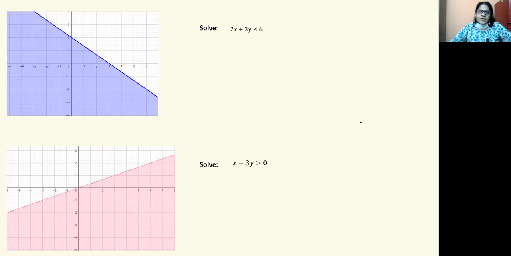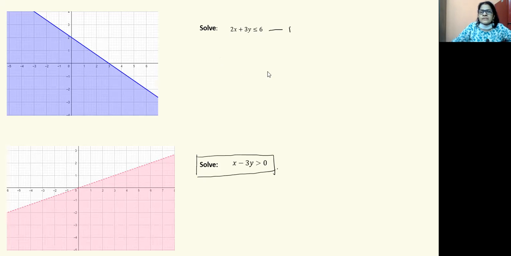Now here, to begin with, I have taken one linear inequality, 2x plus 3y less than or equal to 6, and another one, x minus 3y greater than 0. Okay, so here solve the linear inequation 2x plus 3y less than or equal to 6.